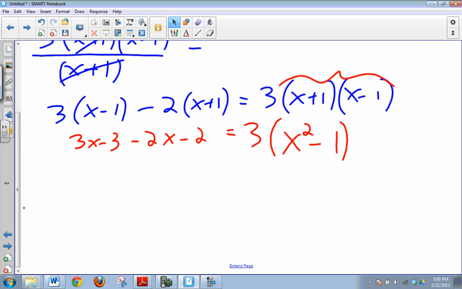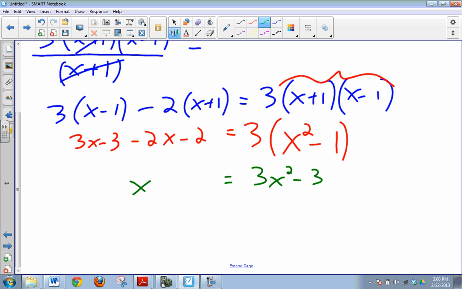So let's simplify all this stuff together. This side's going to be 3x squared minus 3. What's on the other side? It would be just x minus 5. So how do we solve this?